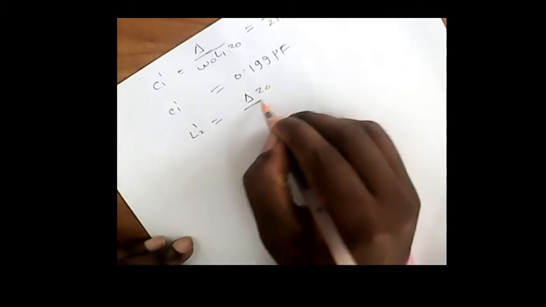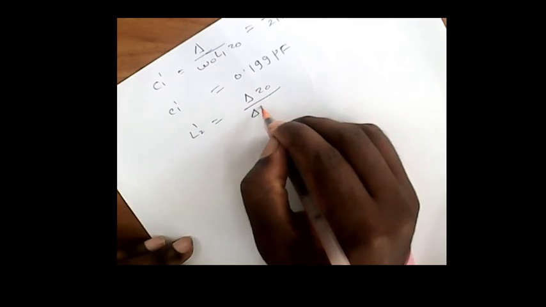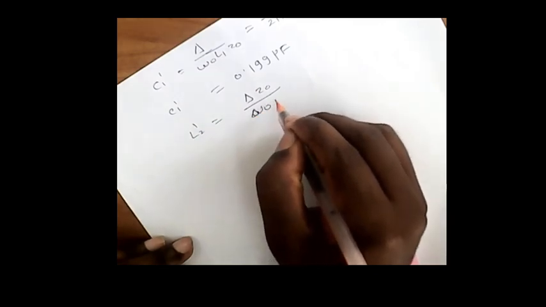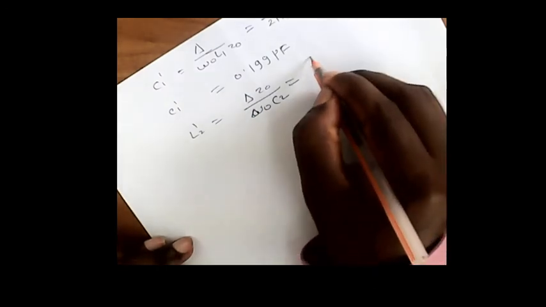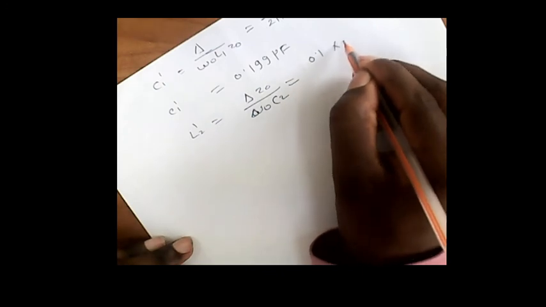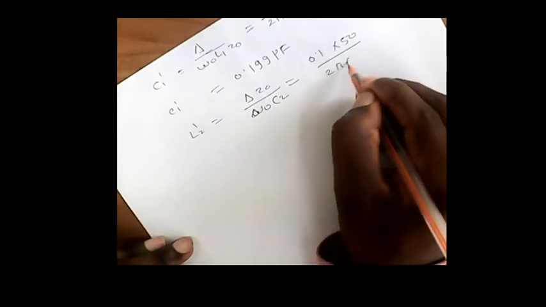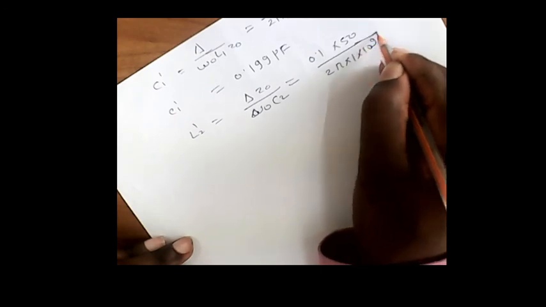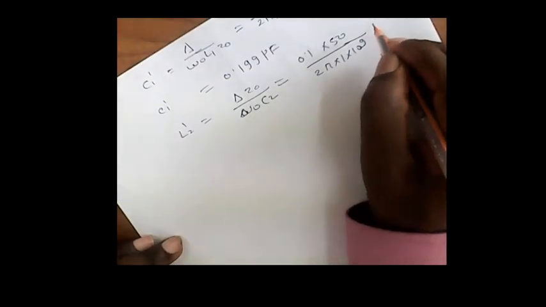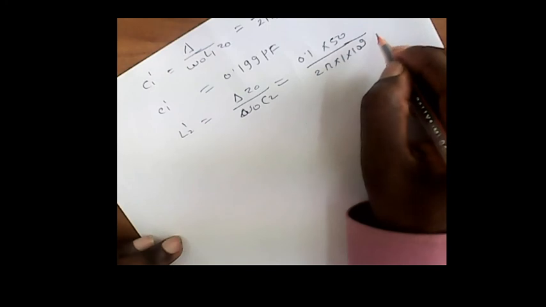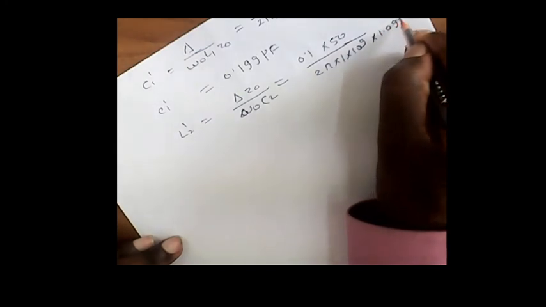Similarly, we can calculate L2 dash, which is delta Z0 over delta omega 0 into C2. The C2 value is given already: delta 0.1, Z0 50 ohm, omega 0 2 pi into 1 into 10 raised to 9, and the C2 value from the table, 1.0967.